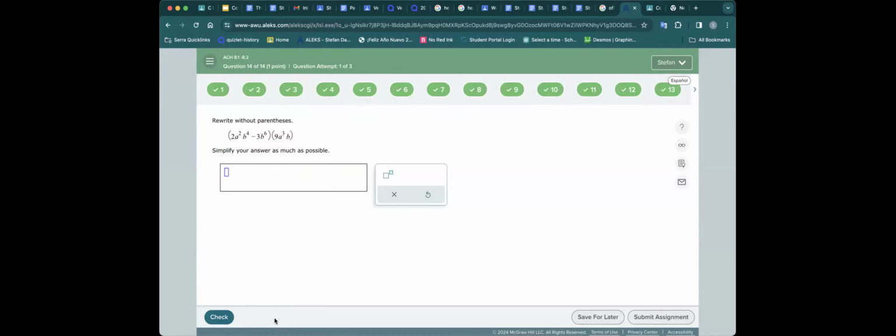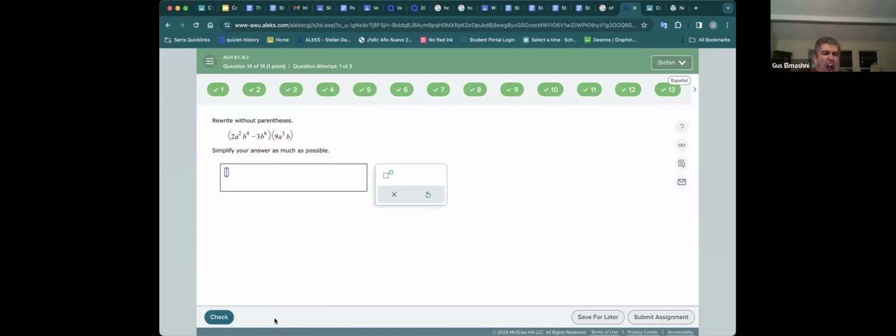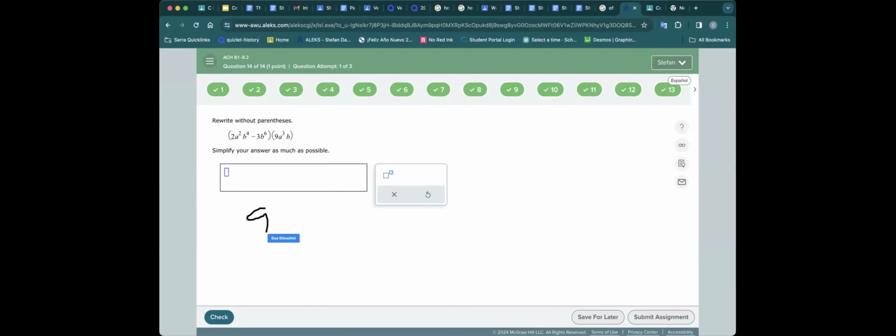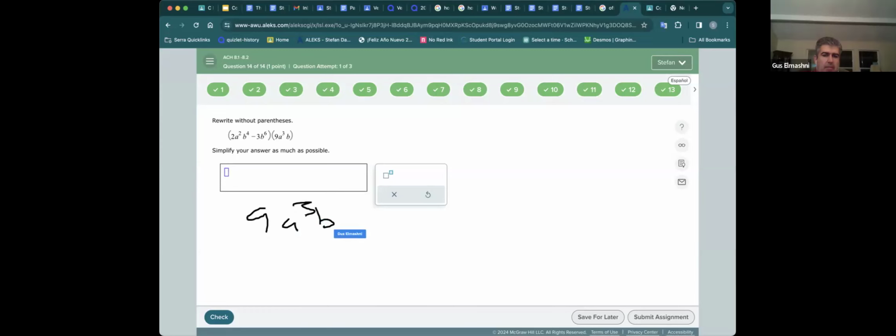Okay, so this would be, so I just combine this, right? Yeah, so you're doing 9a3 b times 2a squared b4, and then minus 9a3 b times 3b6.